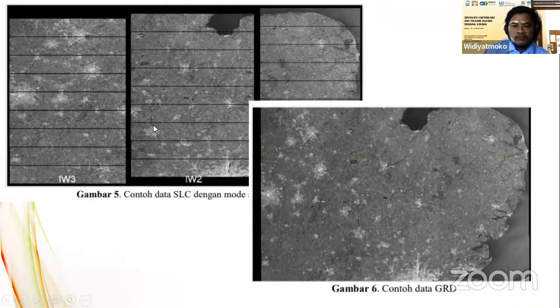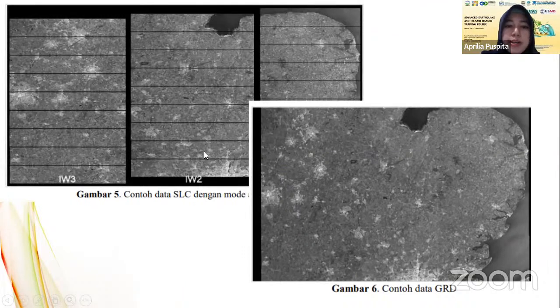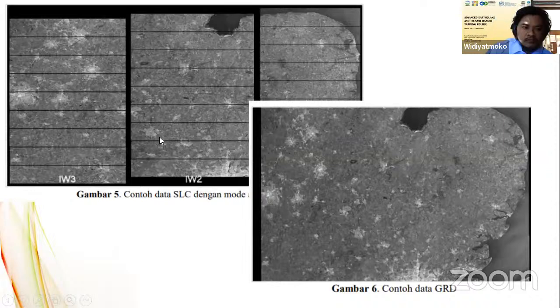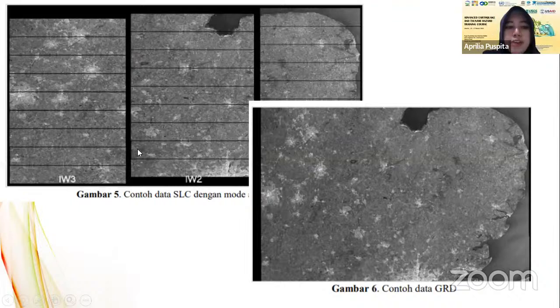I want to show an example of the SLC image, or phase image, and the GRD image. The single look complex image is divided into 3 subswaths, and every subswath is divided into 9 bursts. We can set the area.